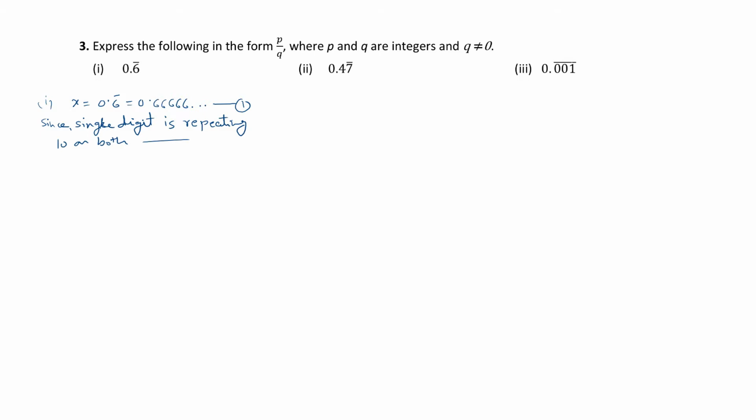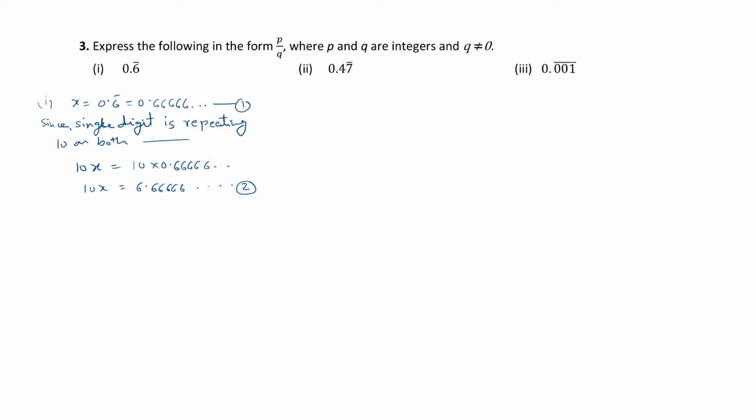So on multiplying by 10 on both sides, we will get 10 times x is equal to 10 times 0.66666 and so on. We will get 10 times x equal to 6.66666. So this is equation number 2.